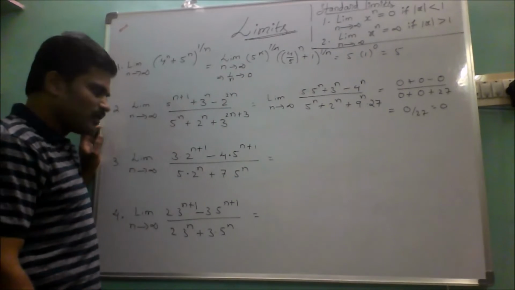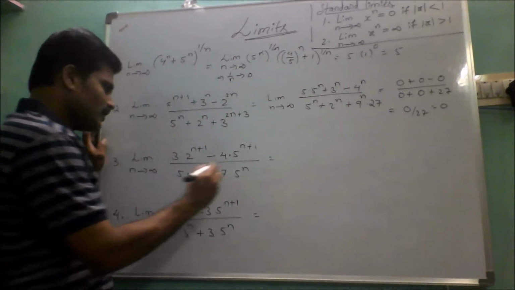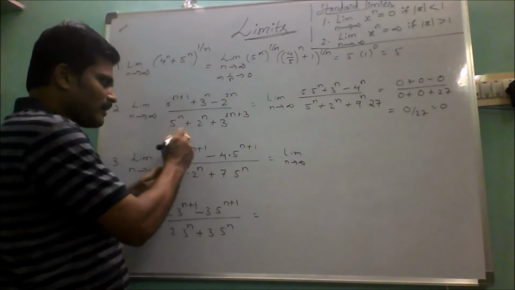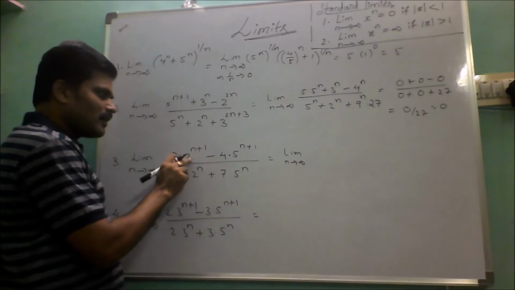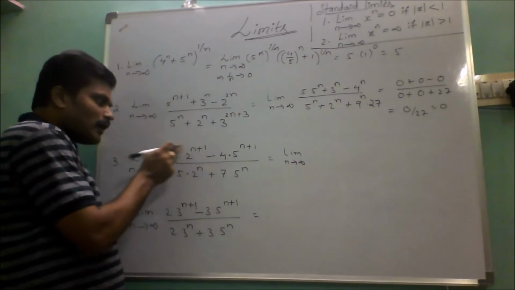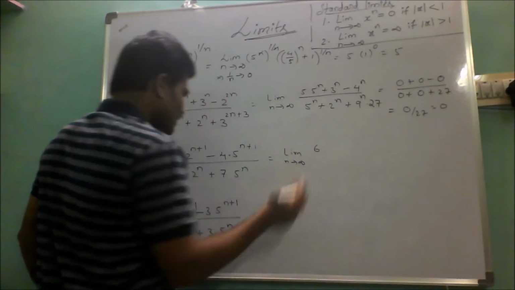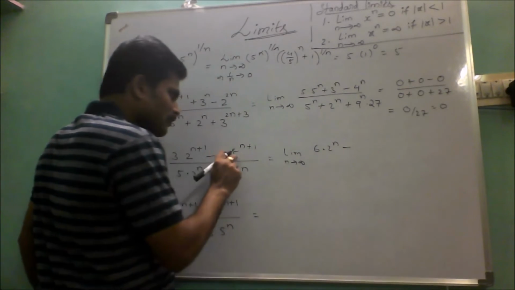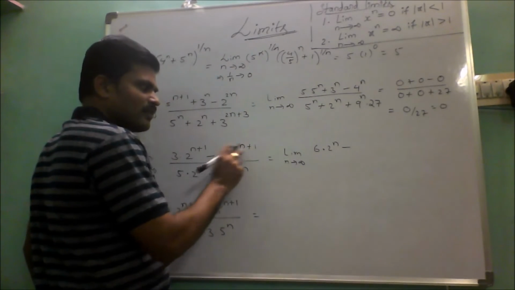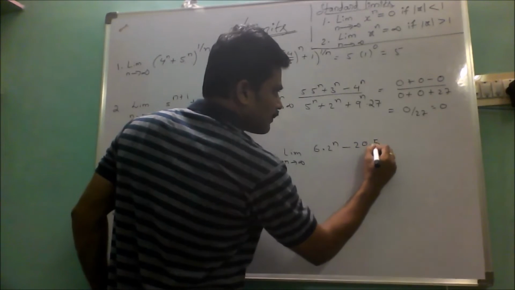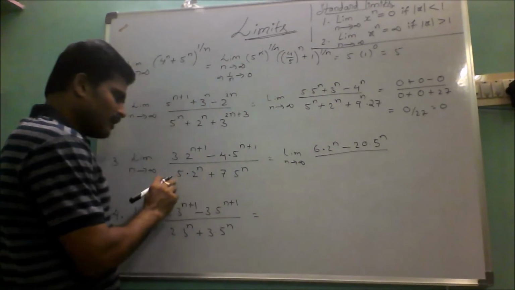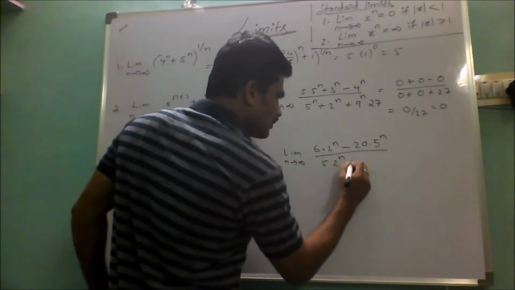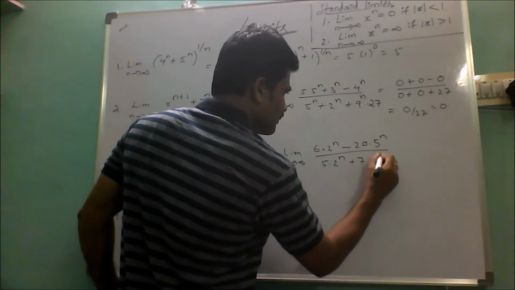Similarly, we follow the next sum also. Limit n tends to infinity. Here also we write the power n's. So 2 power n plus 1 is written as 2 power n into 2, 2 into 3 which equals 6, into 2 power n, minus 4 into 5 power n into 5, that is 20 into 5 power n, whole by the denominator, which contains power n's and is written the same, plus 7 into 5 power n.